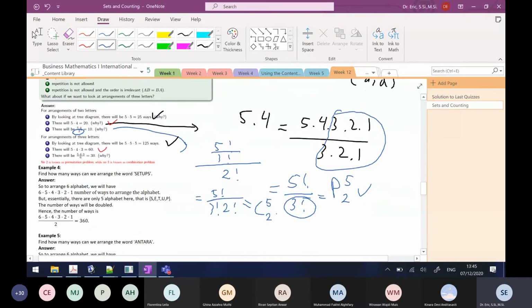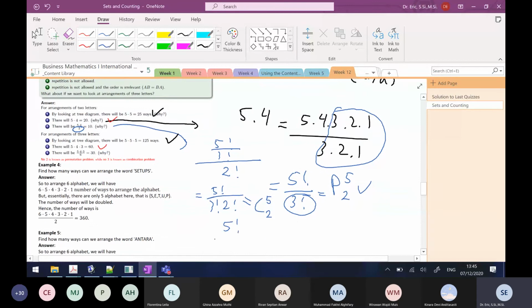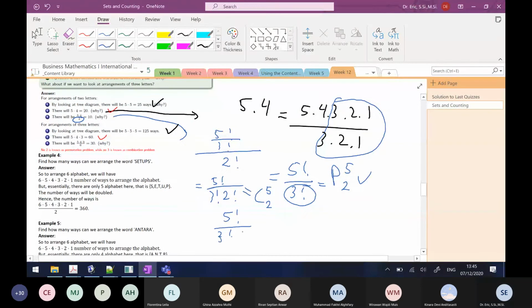The formula is 5 factorial divided by 5 minus 2 factorial, divided by 2 factorial. This is just the same as permutation 2 out of 5 divided by 2 factorial.